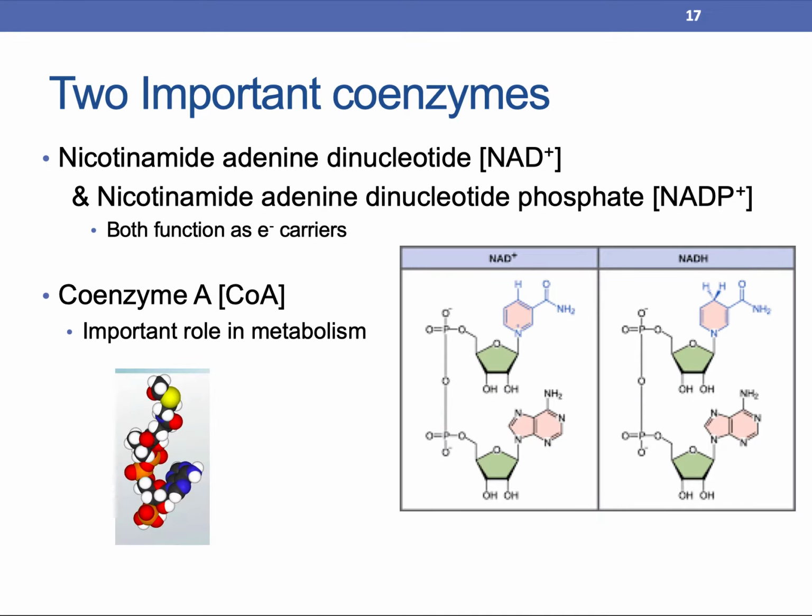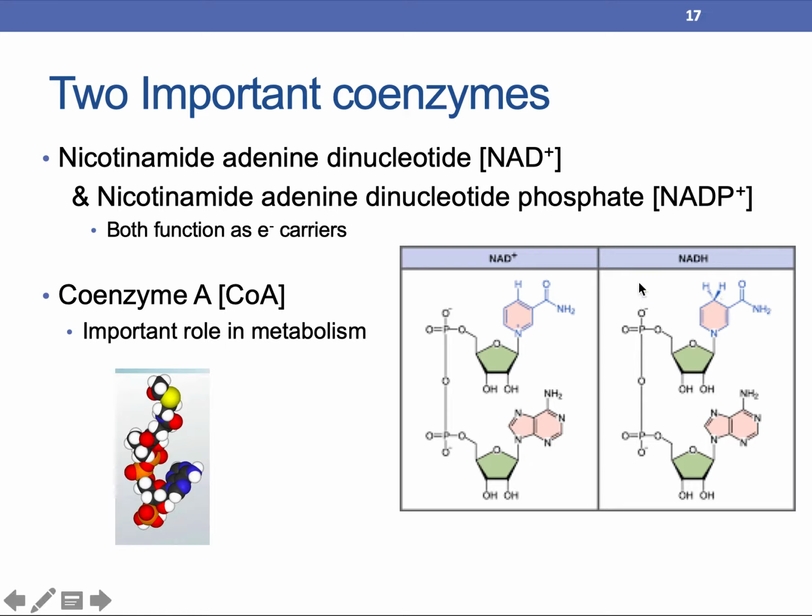There are some important coenzymes that exist in living organisms. So a few of them are these, which you'll come across in this lecture on microbial metabolism. So we have nicotinamide adenine dinucleotide, NAD+. You have nicotinamide adenine dinucleotide phosphates, and these are important protein carriers.